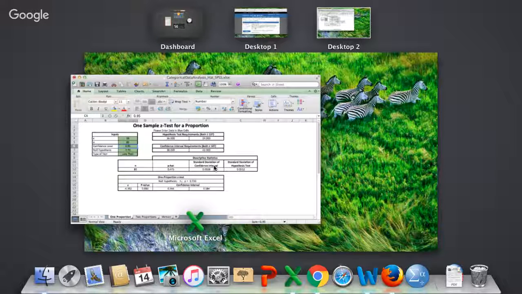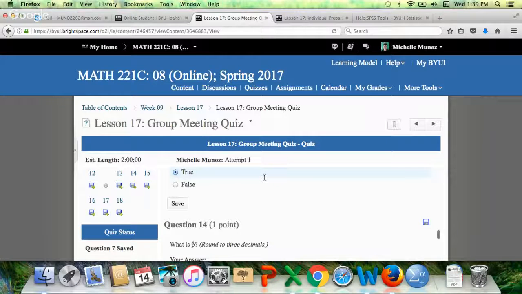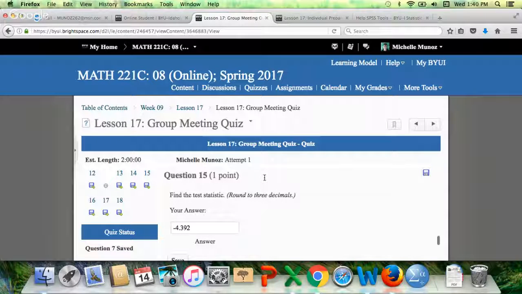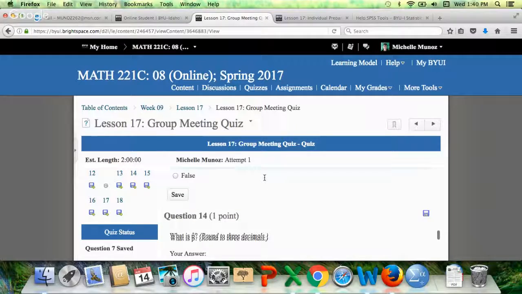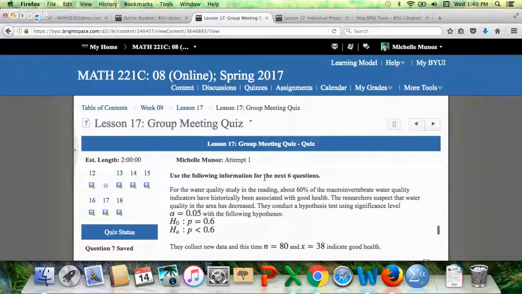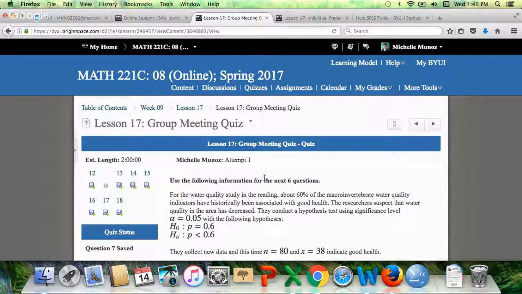Okay. In the reading, it talks about the water. If we go in here, the two requirements required to conduct this hypothesis test. The following questions will guide you through the process. Test if the water quality has decreased, using alpha 0.05 for this test.